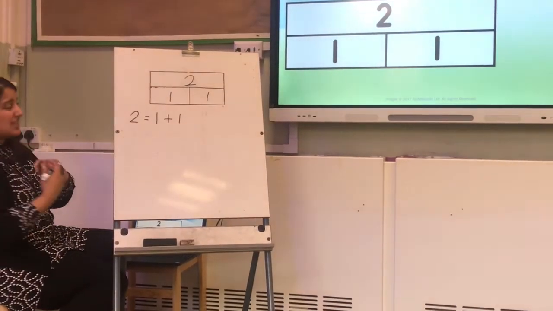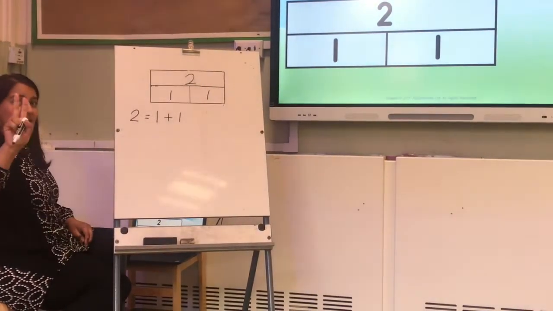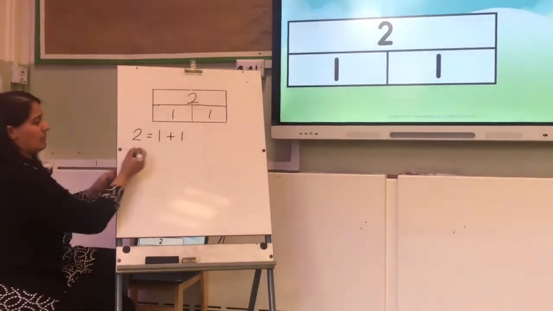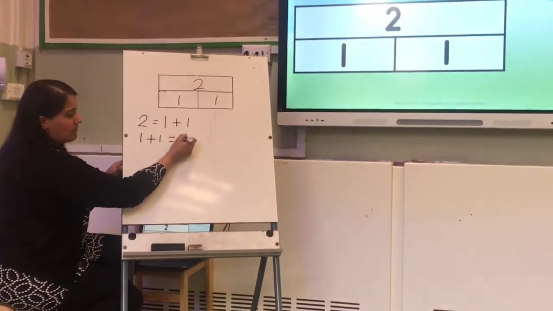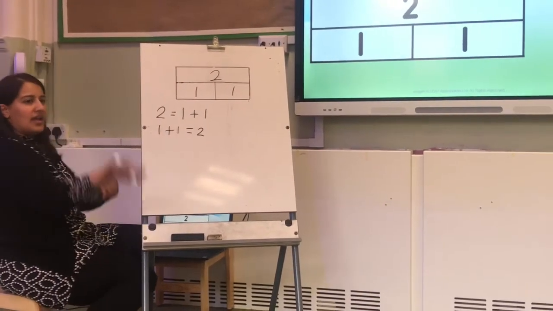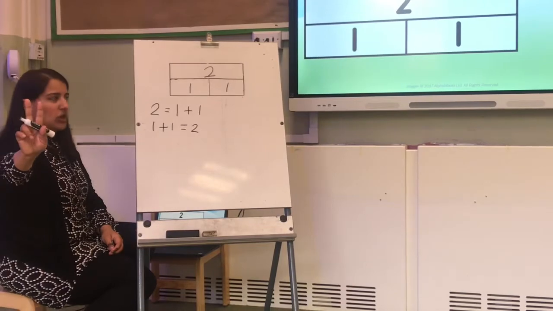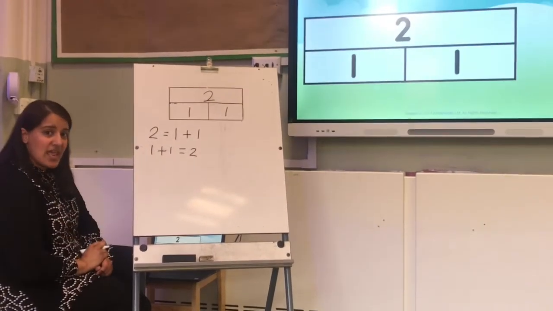Or you can say it this way. 1 add 1 equals 2. I'm going to write it the other way, which is exactly the same thing. 1 add 1 equals 2. Fantastic. Let's move on to the next one.